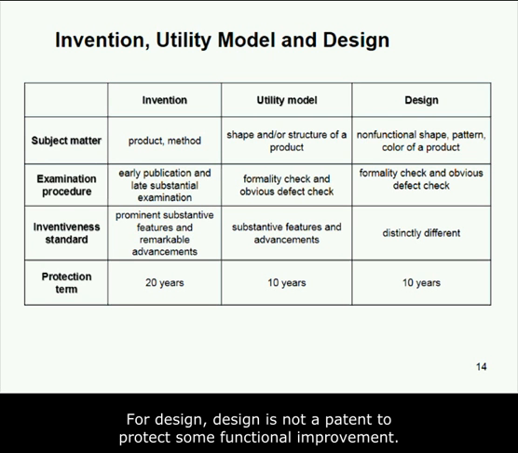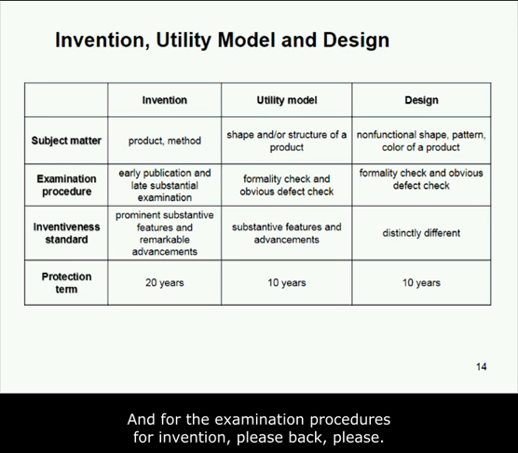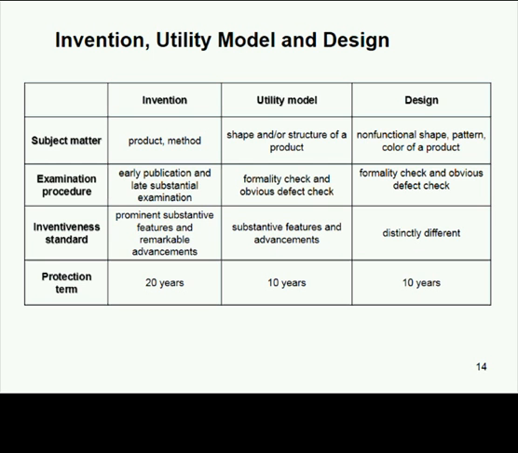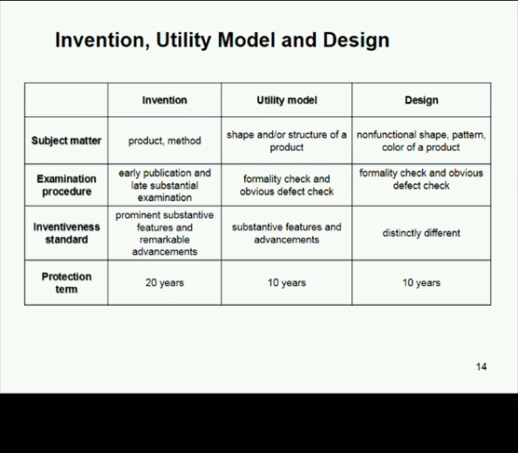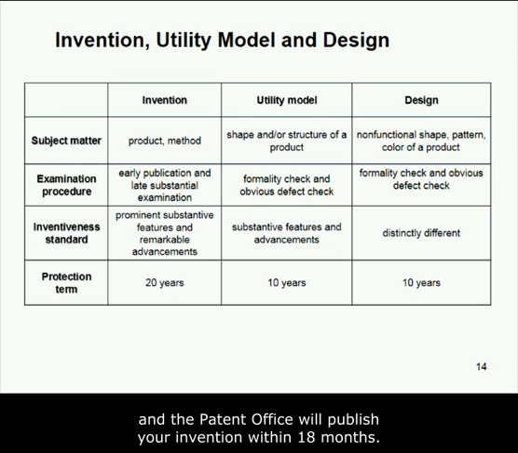functional improvement. And for the examination procedures for invention, the invention will be published after you file your patent application, and the patent office will publish your invention within 18 months.